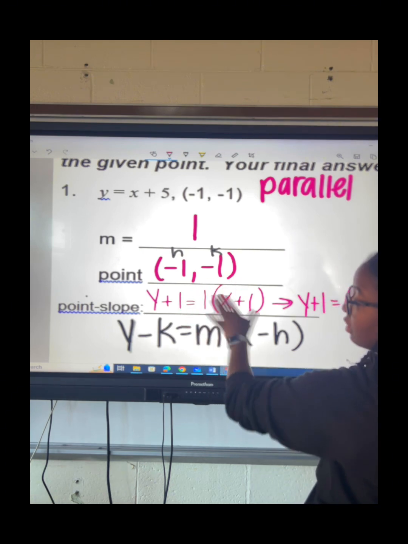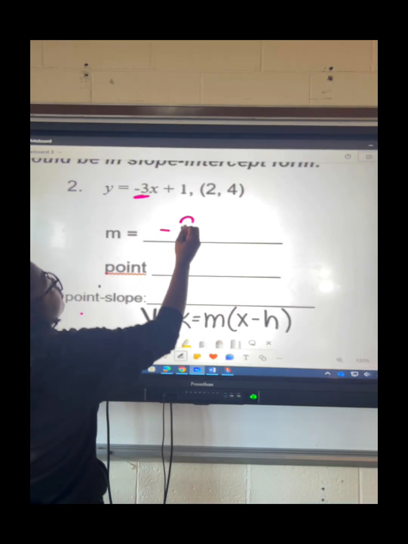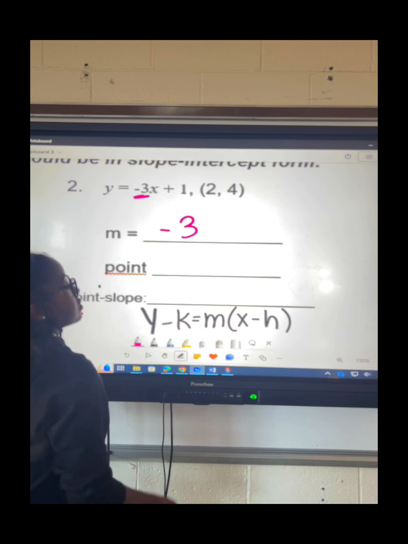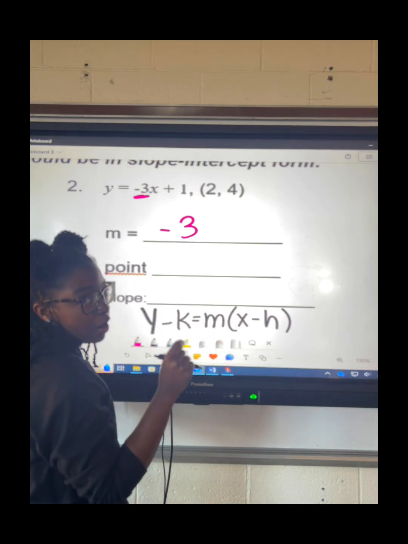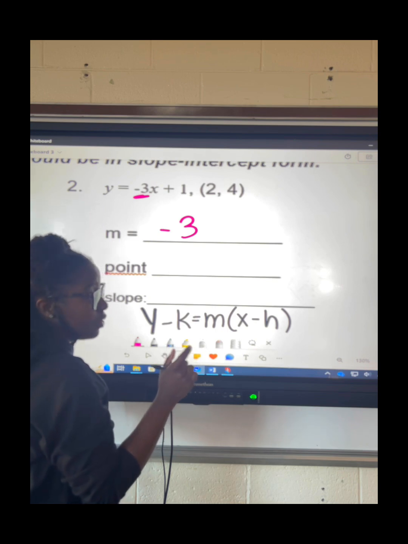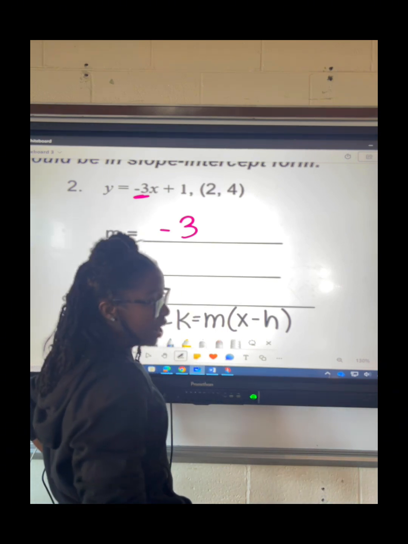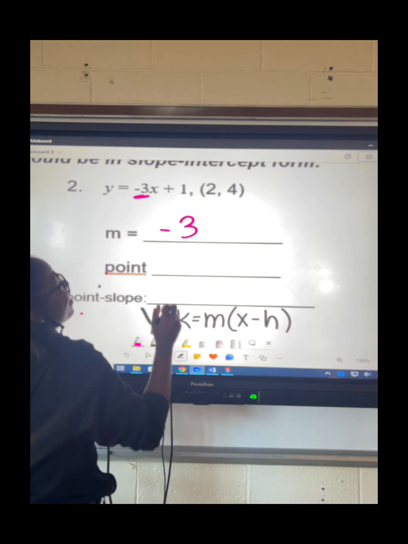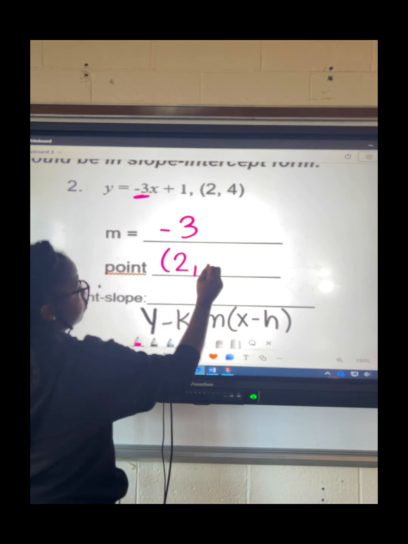You're still right. Okay? My slope, -3. Remember, the number that's always beside x, that's the one that's your slope, if you've solved for y already. So we get to the point where we just see a number beside x and that's the slope. If you haven't solved for y yet, no, it's not. Okay? My point is 2, 4.